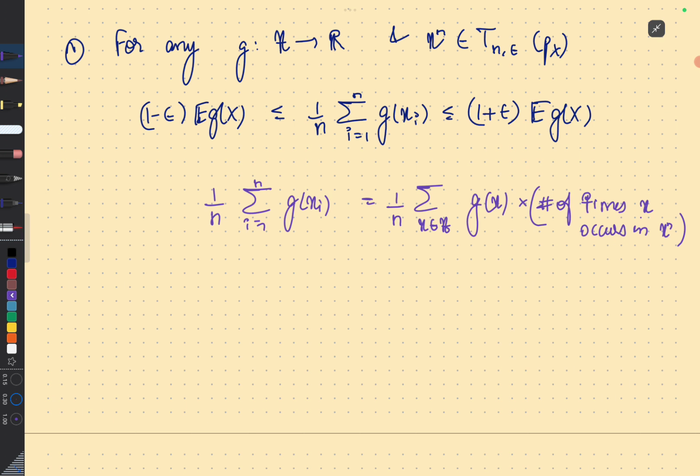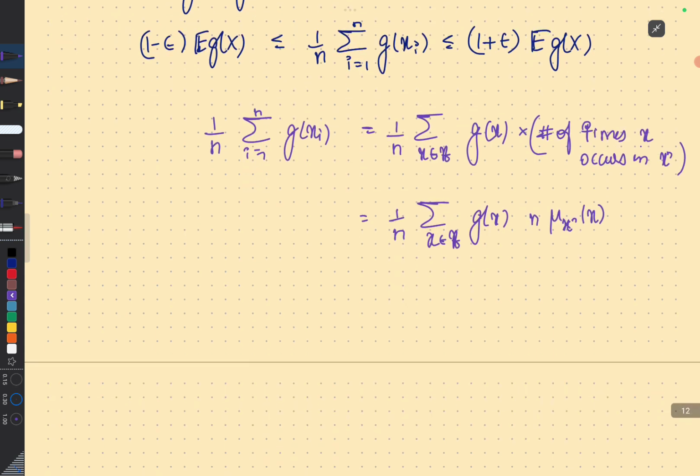It's just rewriting the summation in a different form, which is nothing but 1 over n summation over all possible x of g of x times n times mu xn of x. Because remember, mu xn is the fraction of times the symbol x occurs in the sequence xn. So it's the type of xn.